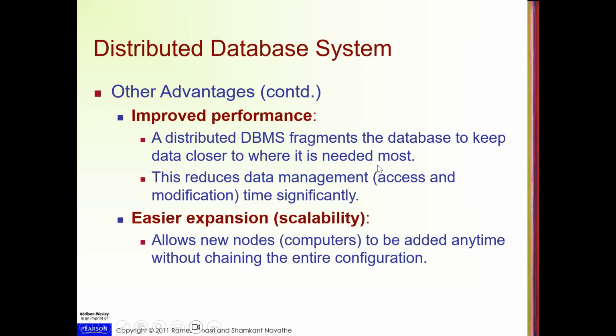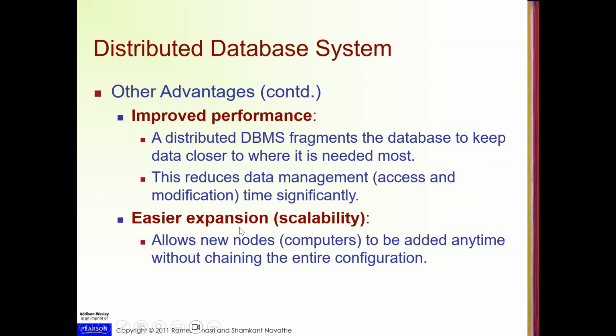For example, all the employees of Riyadh Bank will be stored inside the Riyadh branch. So if I have to search or access any employee in Riyadh Bank, I will just go to this branch, which has only data relevant to itself. So the performance of searching or accessing is improved, which will also reduce the data management and modification time.